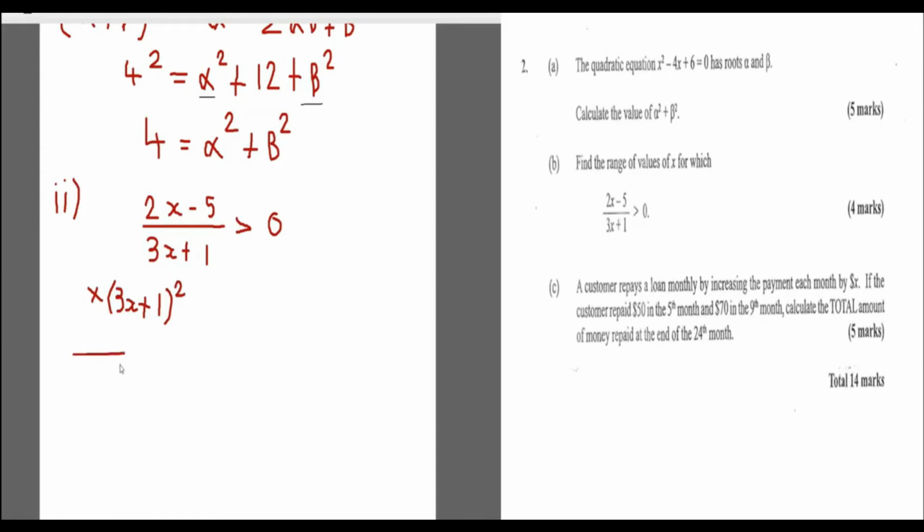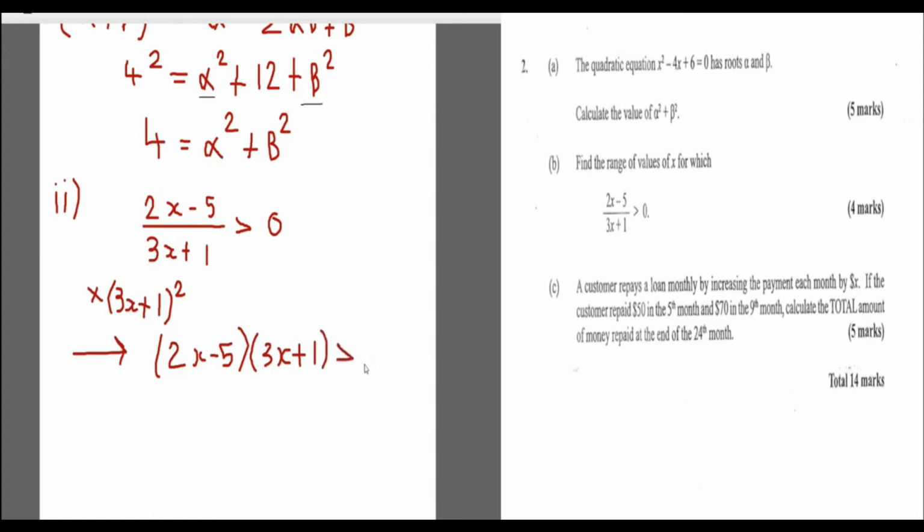What that will give you is 3x plus 1 all squared times this, resulting in 2x minus 5 times 3x plus 1 is greater than 0, because 0 times anything is just 0. And that's how we convert it from a rational inequality into a quadratic inequality.